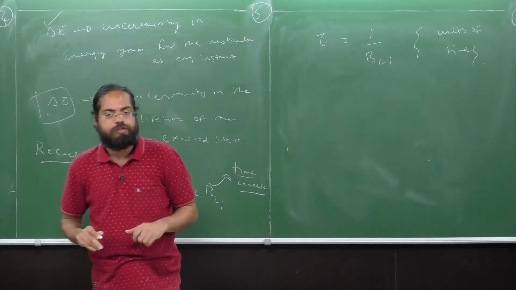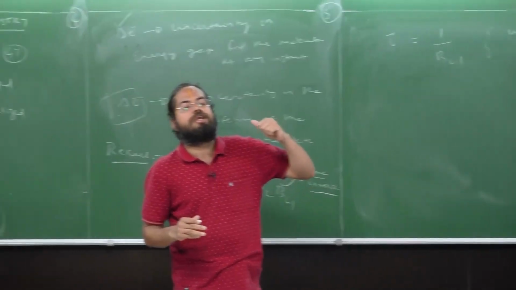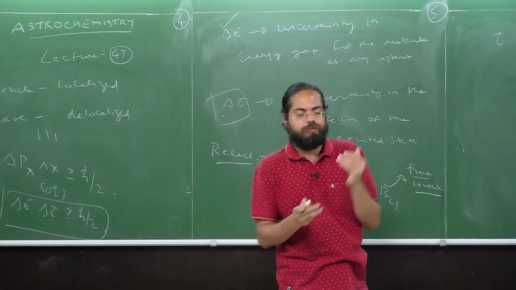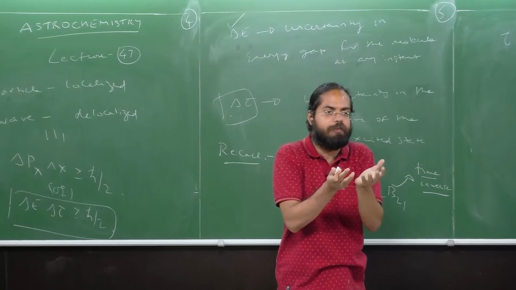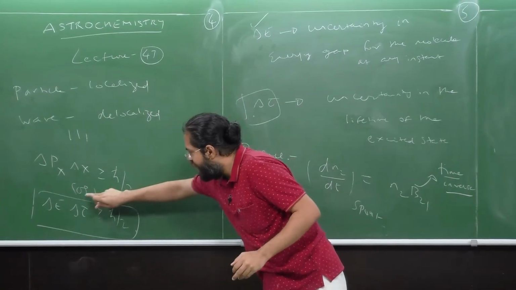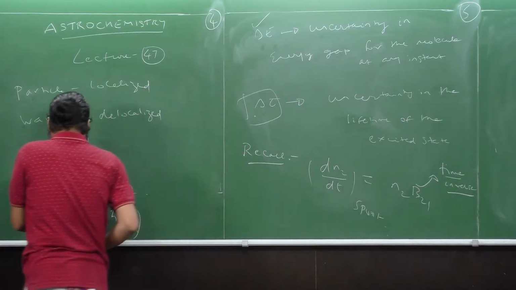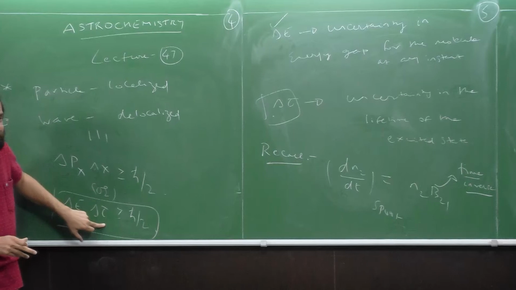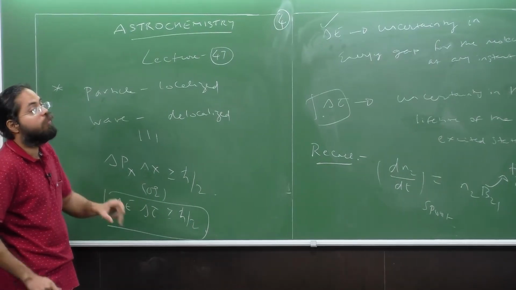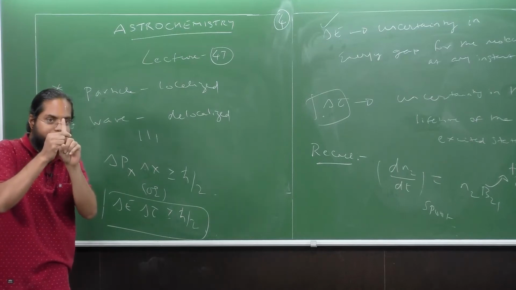Now we understand that due to the intrinsic wave-particle dual nature, which is the quantum mechanical manifestation, we have an intrinsic problem. We cannot get delta E precisely. We cannot get E or tau precisely. And both of these are important for us to get a line without any width.